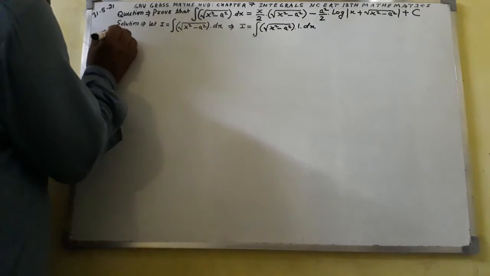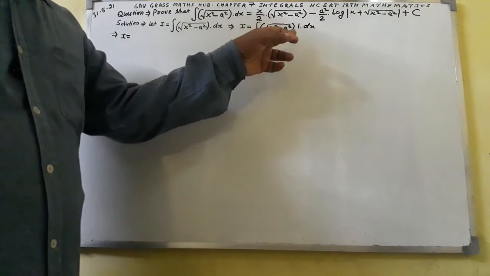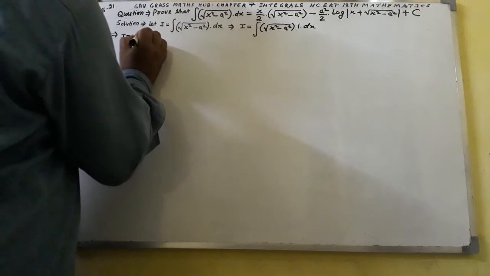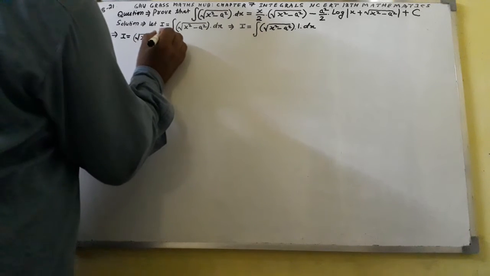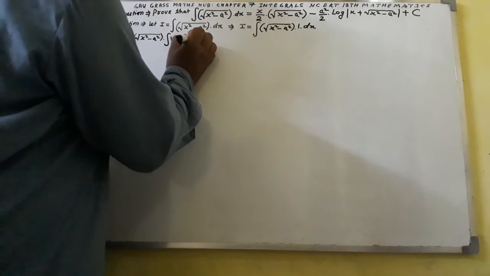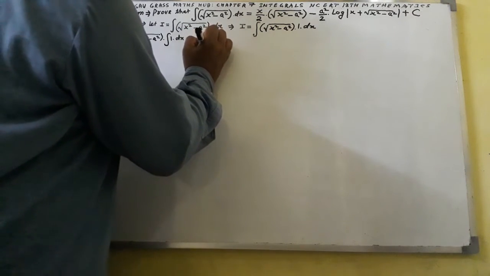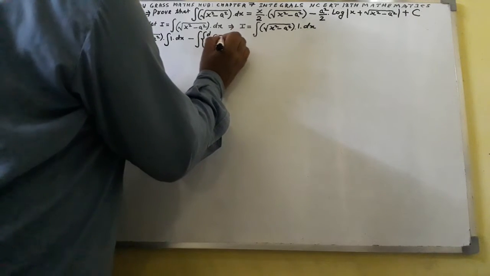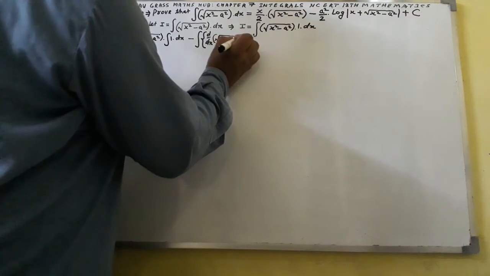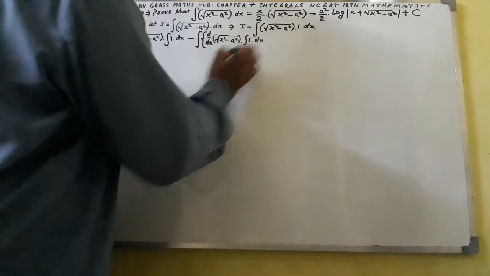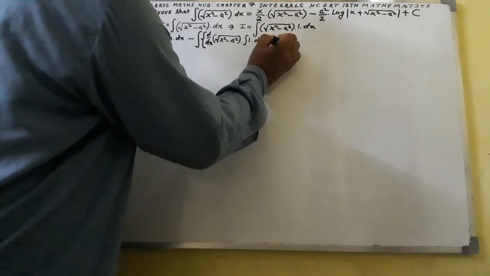Now use the formula: I equals first function, root of (x square minus a square), as it is, times the integral of 1 dx, minus the integral of {d over dx of the first function, root of (x square minus a square), times the integral of 1 dx} dx.